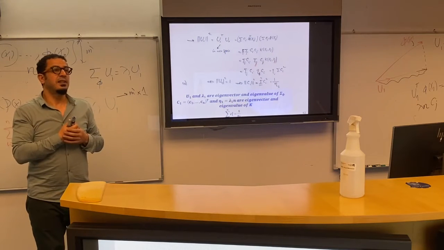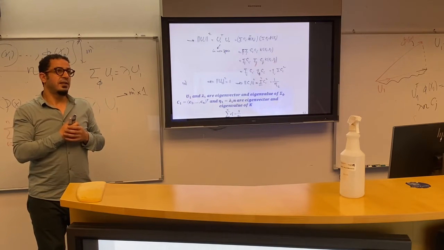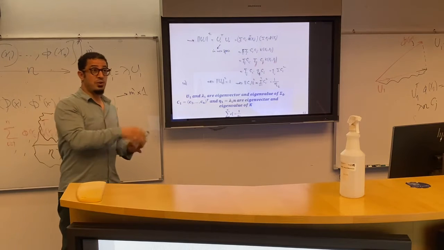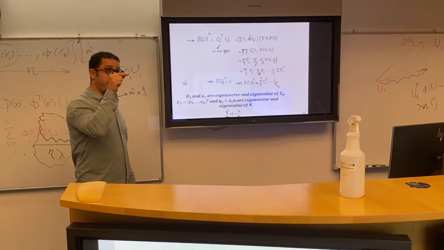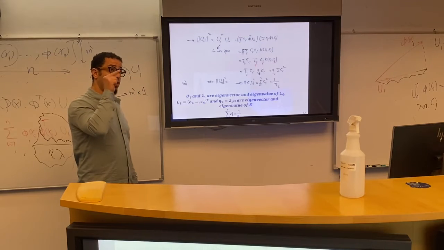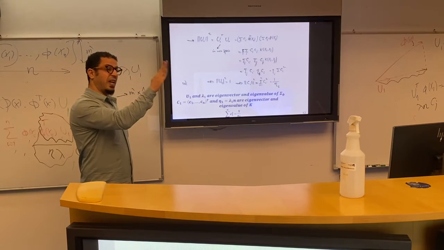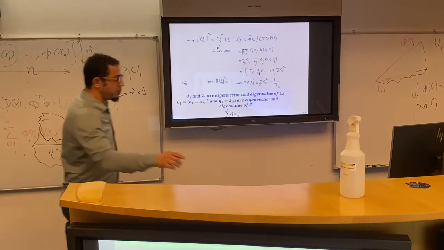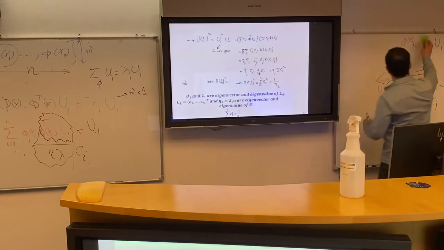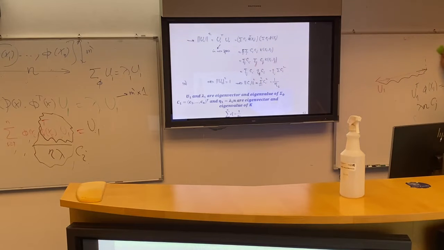No, look, the eigenvalue is the variance of the data on the projection onto this eigenvector. You get it? This is a good point. For example, this is my direction and this is my data.